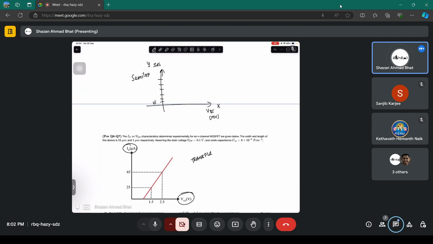So this is, let's say, 10 to the power minus 8, 10 to the power minus 9, 10 to the power minus 10, 10 to the power minus 11. A decade means a single order of change, a factor of 10. If a current is going from this value to this value, it is changing by a factor of 10, that is, by a decade.